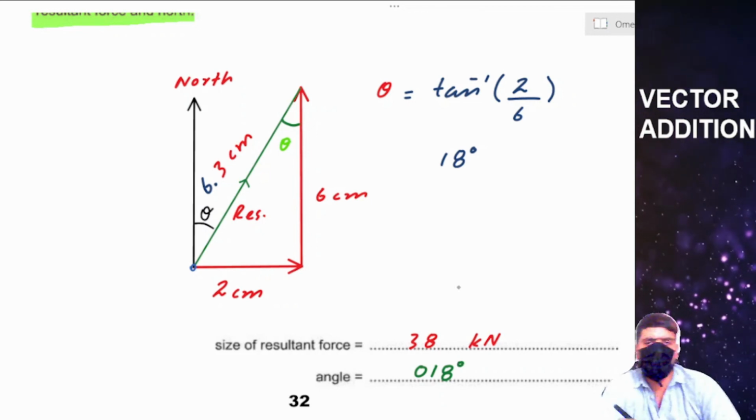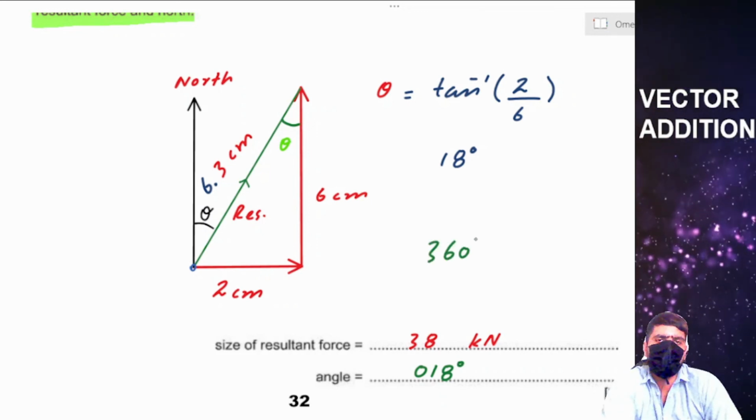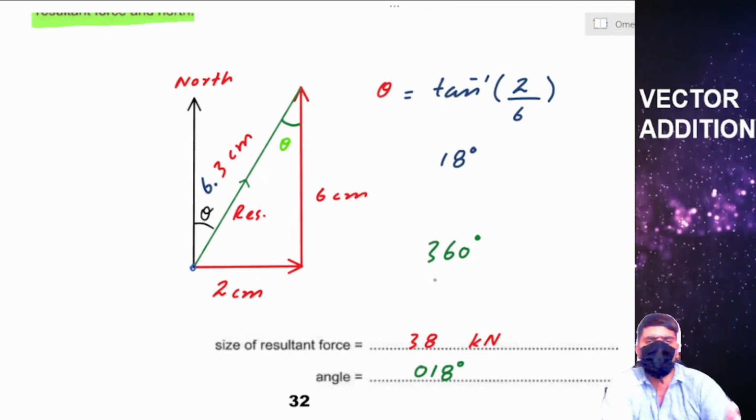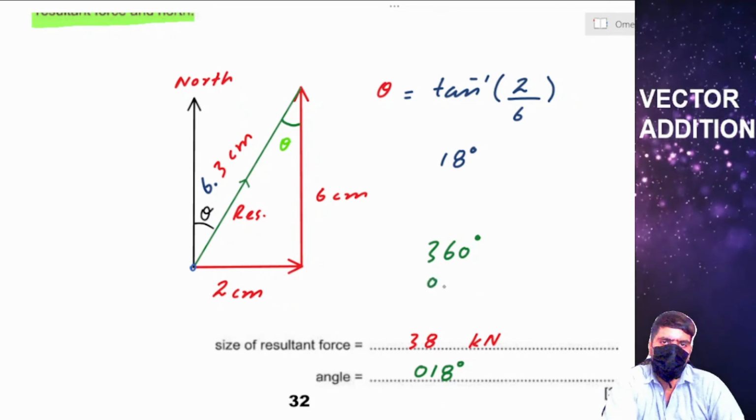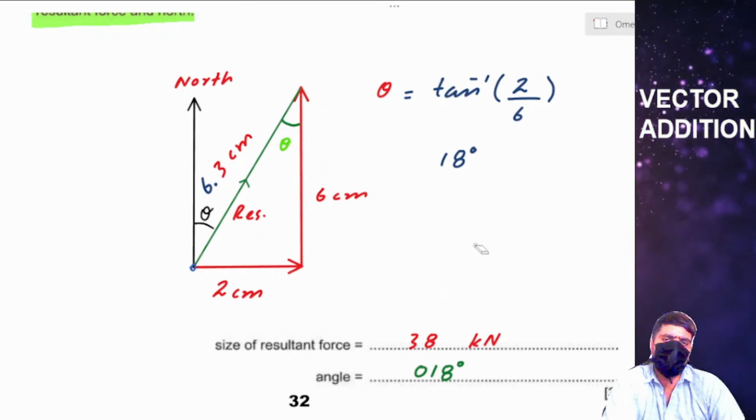Because the maximum angle that you can have is 360, just for the convention, we try to keep it a 3-digit number, so 18 would be written as 018. That's just a convention, a tradition.